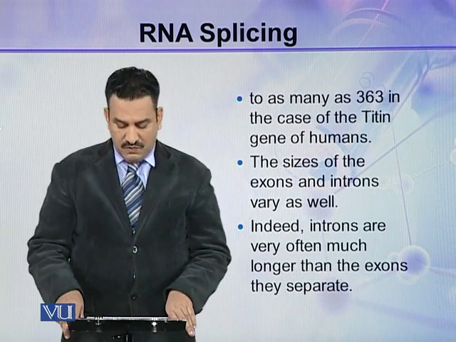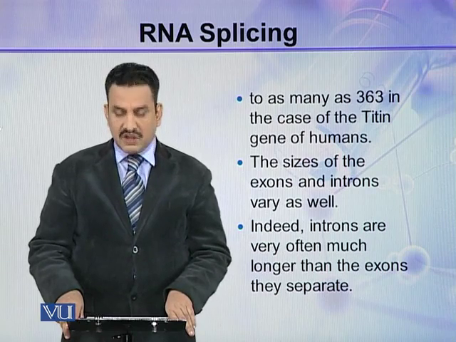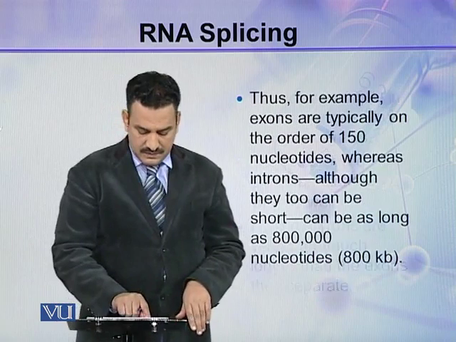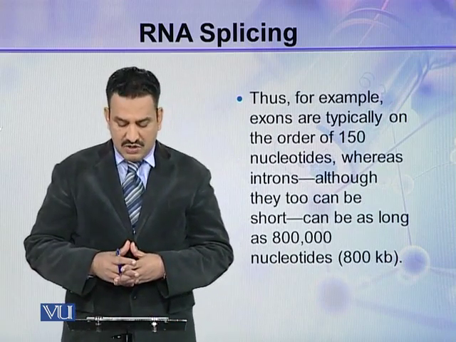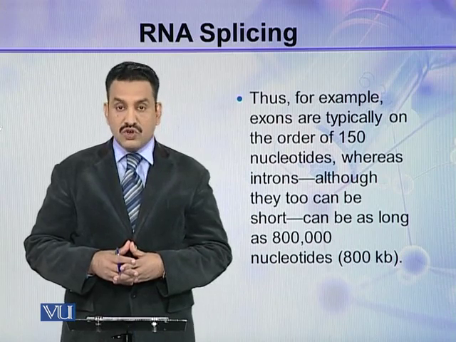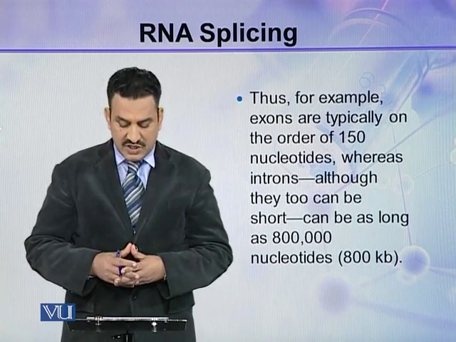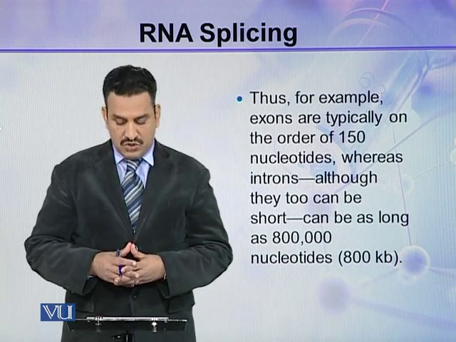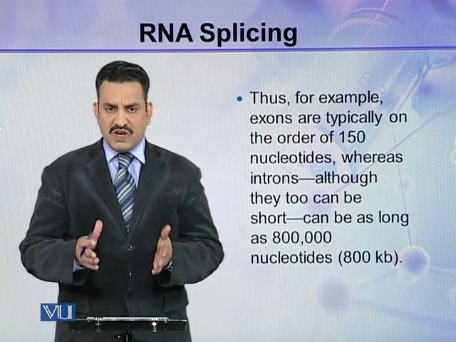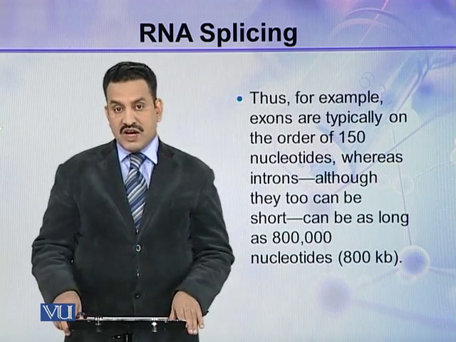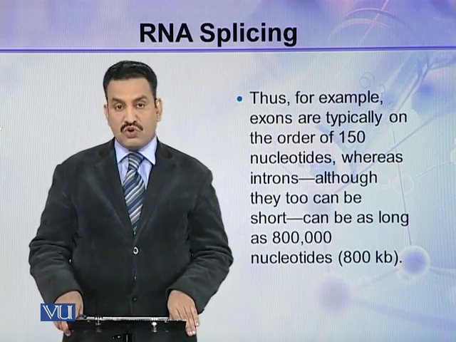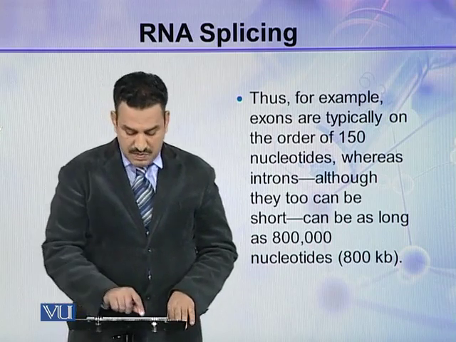Indeed, introns are very often much longer than exons. For example, exons are typically on the order of 150 nucleotides, whereas introns, although they too can be short, maybe 150 or even shorter, can be as long as 800,000 nucleotides, or 800 kb.